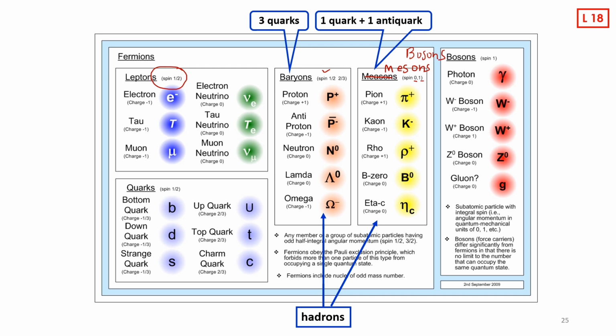And for the gauge bosons, or force carriers: photon for electromagnetic interactions, W and Z bosons for weak interactions, for example beta decay, beta plus or beta minus, and gluon for the strong force.